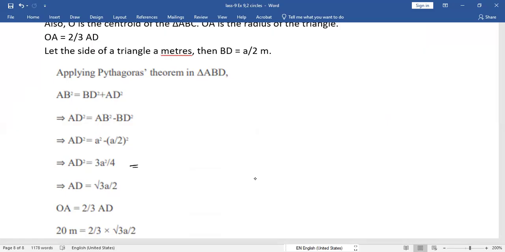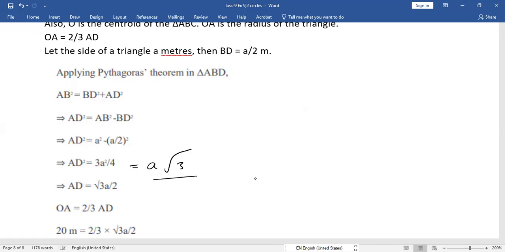Then taking the square root, AD is equal to the square root of 3A square by 4. What is the square root of 4?